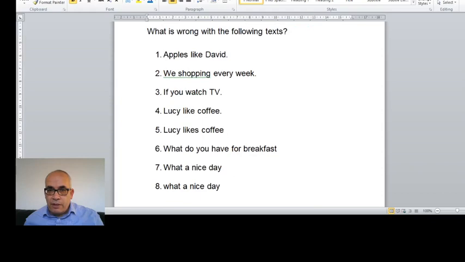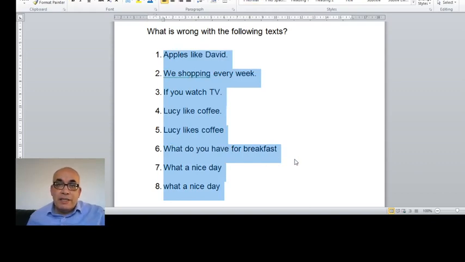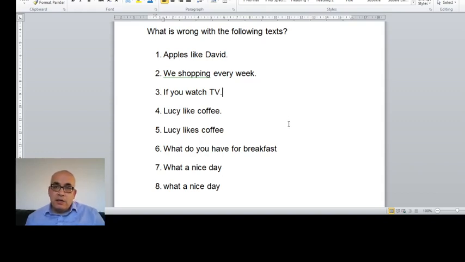Now I've got here 8 texts. I don't call them sentences because all of them are wrong. What is a text? A text is anything which we write or we speak. I repeat, a text is anything we write or speak.